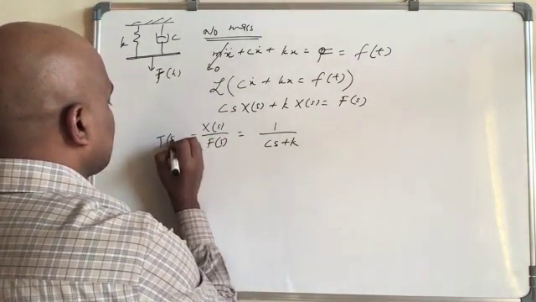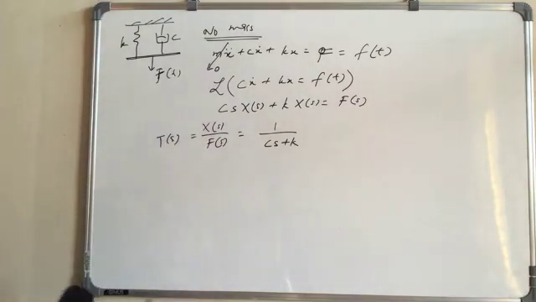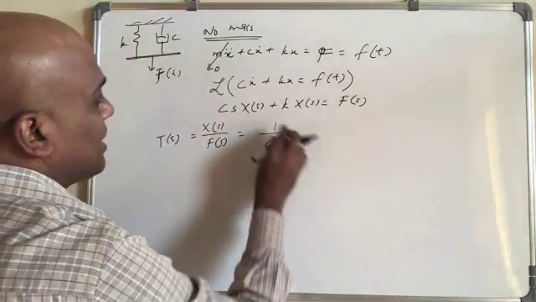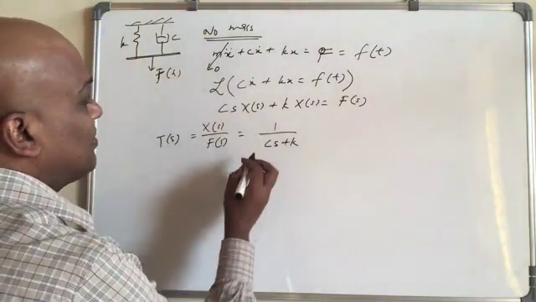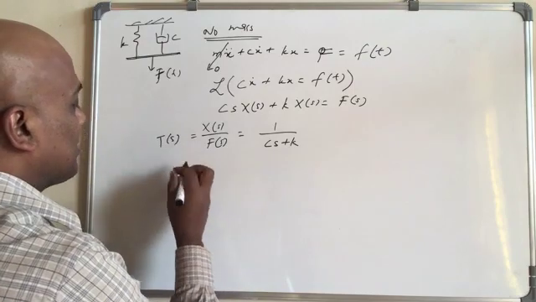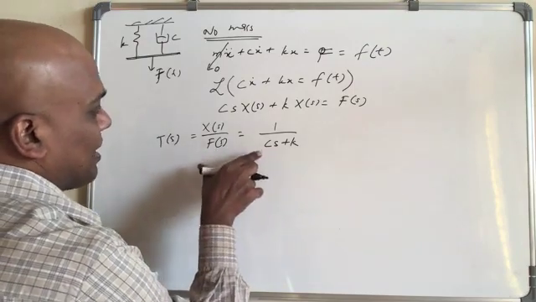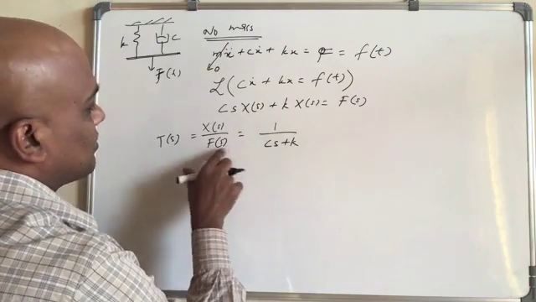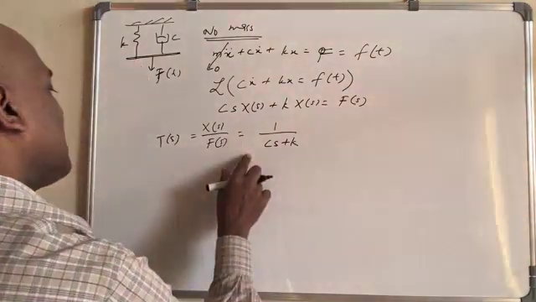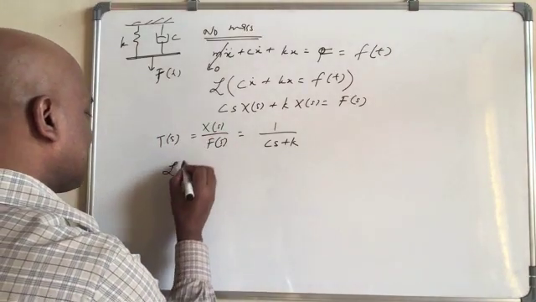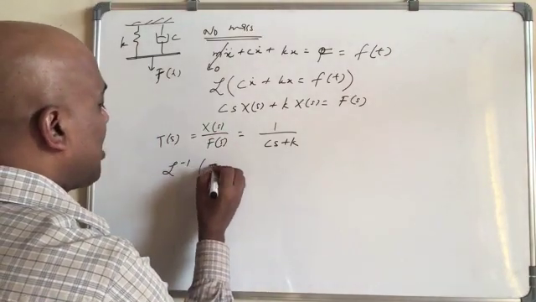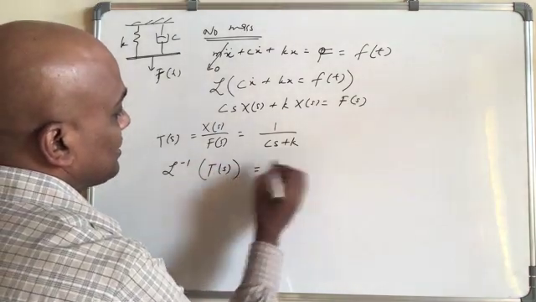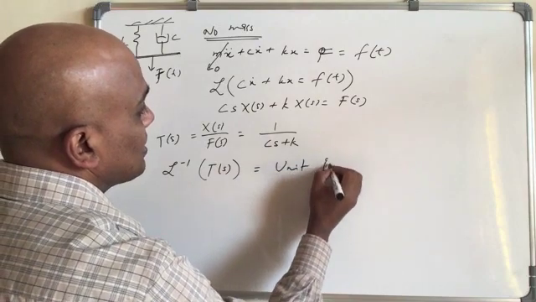This is the transfer function. Now for different inputs, we can find out the solution. If you take the inverse Laplace transform, it will give us an idea about the response. The inverse Laplace transform of the transfer function will give you the unit impulse response.